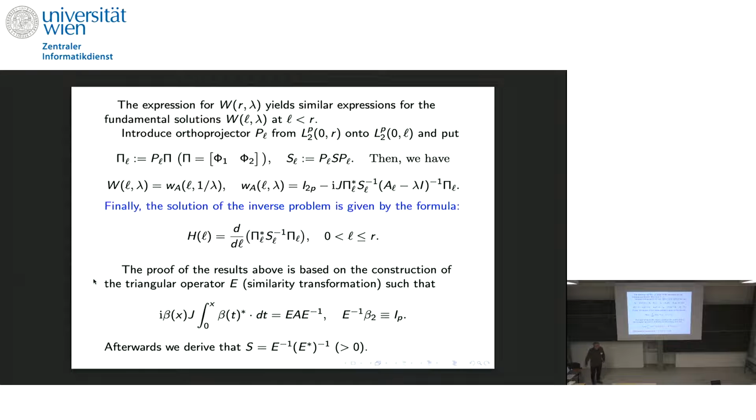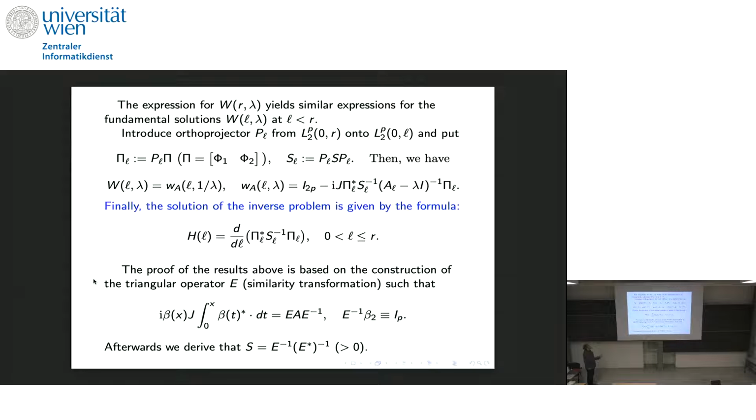The fundamental solution of our canonical system is given by this formula, where W sub A is the transfer matrix function in the Lev-Sakhnovich sense. Well, we have a fundamental solution at the end of the interval. And in the same way, we can introduce a fundamental solution at all the points l of the interval. For this purpose, we introduce the orthoprojector P_l, and here we introduce operators P, which is Greek P, and S, P_l and S_l.